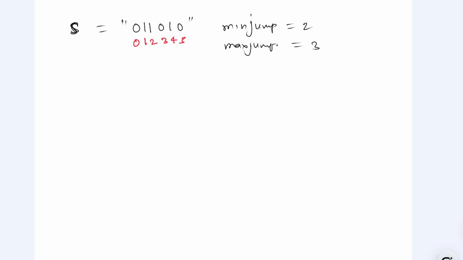It's fine. So the very first thing is we start from the index 0, because this is the starting index, right guys? So we start at the index i equal to 0.